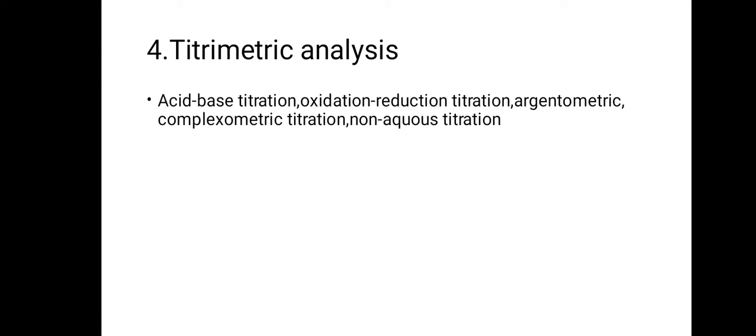We can identify the moles and volume of an unknown compound by using known compounds. These titrations have indicators which we use for the identification of the unknown compound.